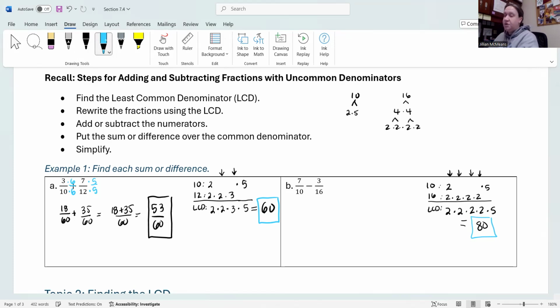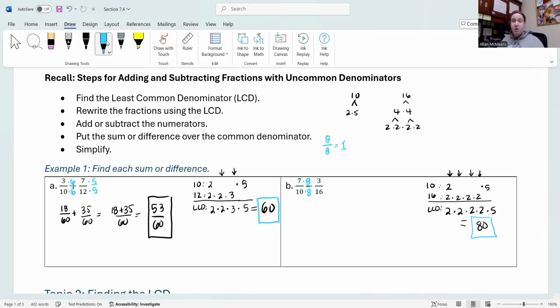So we then ask ourselves, what would I do to make each of these original fractions into new versions that are equivalent but have the LCD? We have to look at our denominators and ask ourselves, what do we multiply these denominators by to get the LCD? Well, my first denominator is 10. I would need to multiply 10 by 8. But remember, if I multiply the denominator by 8, I have to also multiply the numerator by 8 because we're secretly multiplying by a weird form of 1.